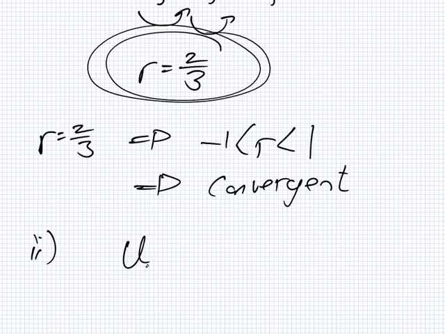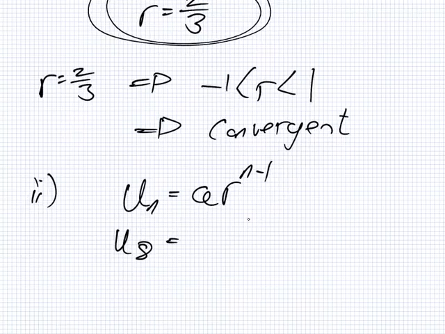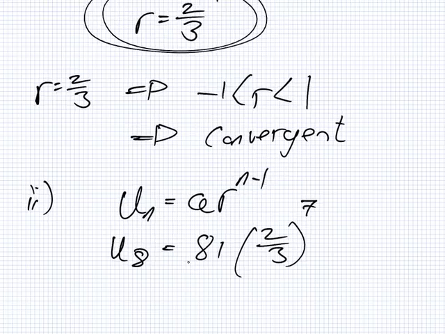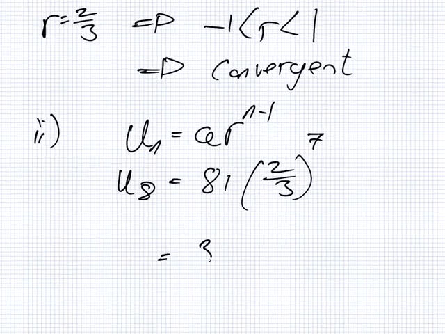So UN is A or N minus 1. So U8 is A. What's the A now? 81. 2 over 3 power 7. Now, 81 I know is 3 power 4, isn't it? So 2 power 7.